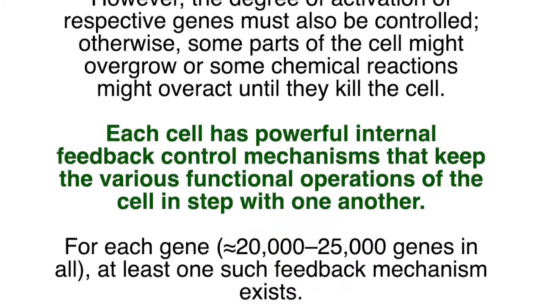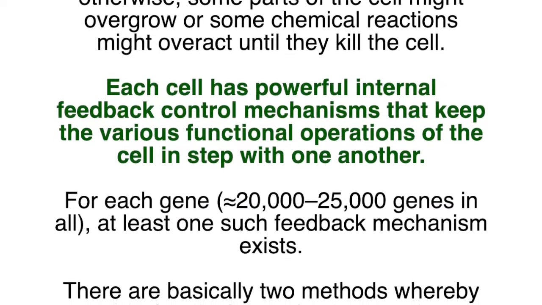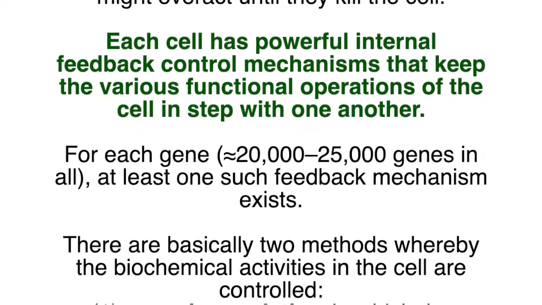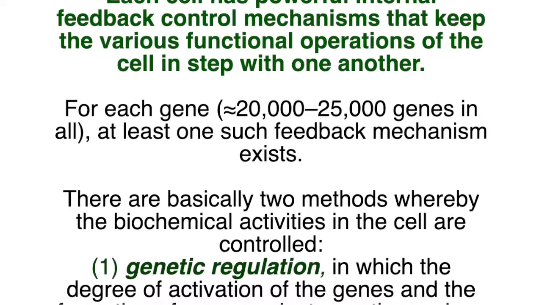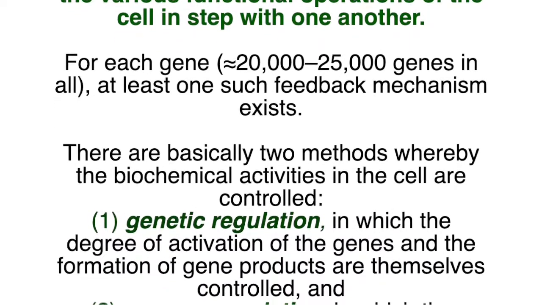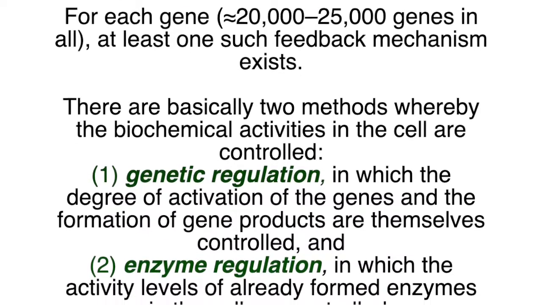Each cell has powerful internal feedback control mechanisms that keep the various functional operations of the cell in step with one another. For each gene, that is about 20 to 25,000 genes in all, at least one such feedback mechanism exists.